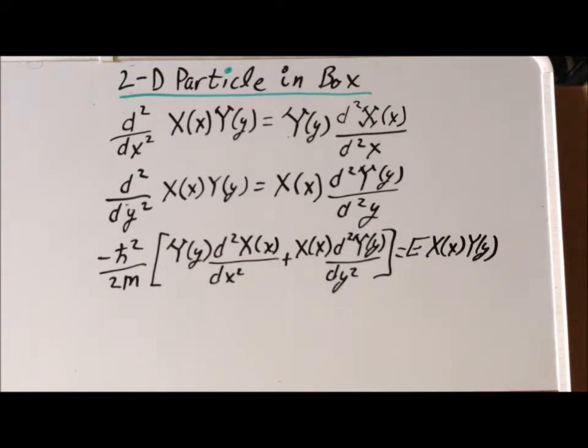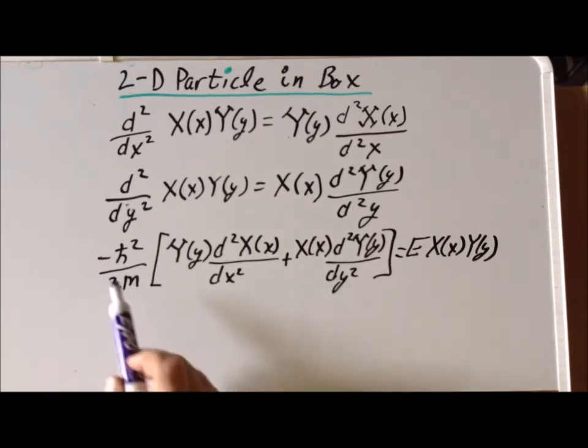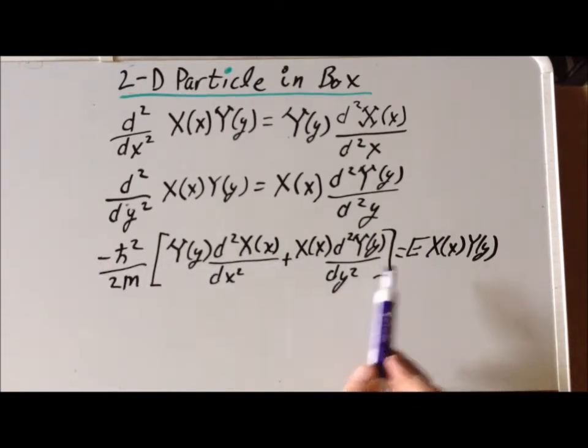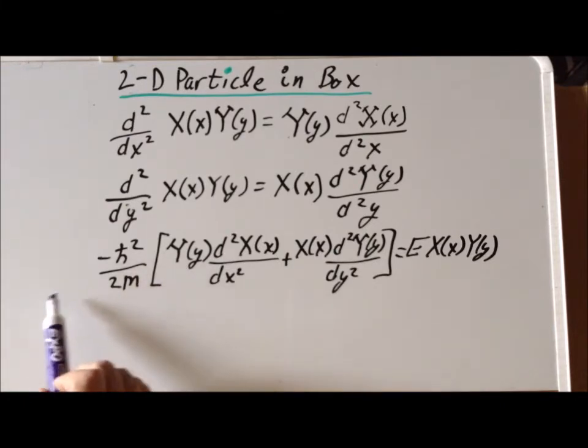So the next thing we want to do is the one step in the derivation which might seem bizarre and surprising, which is to multiply each side of the equation by 1 over big X of x, big Y of y. So we want to multiply by 1 over X Y, both sides of the equation. Now if we do that, we get the following result.